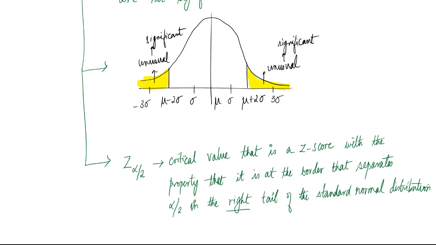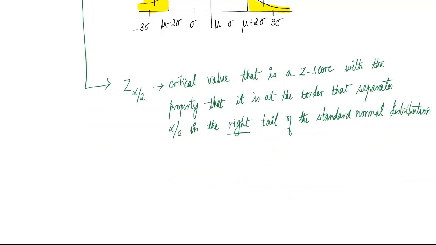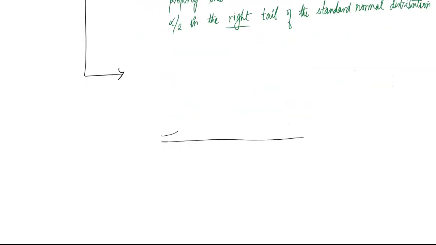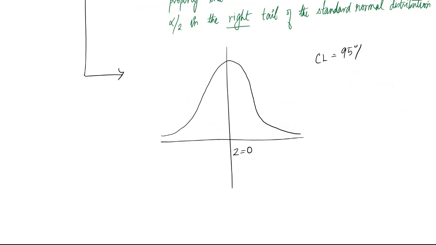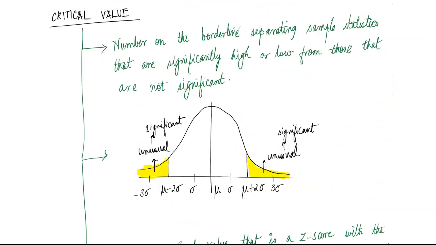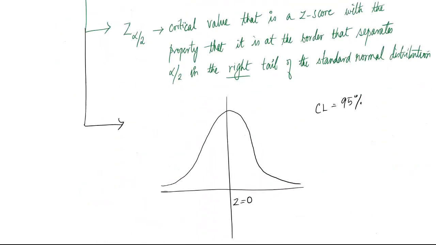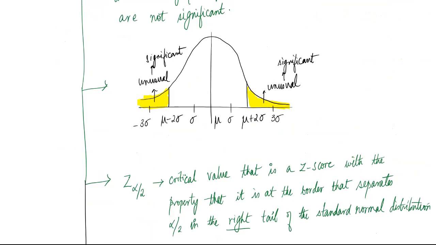Okay, so then I have to adjust this graph to match the z-scale. That's z equals 0. If my confidence level was 95%, let's quickly go back to the chart. With 95%, my alpha is the remaining 5%, or 0.05, right?